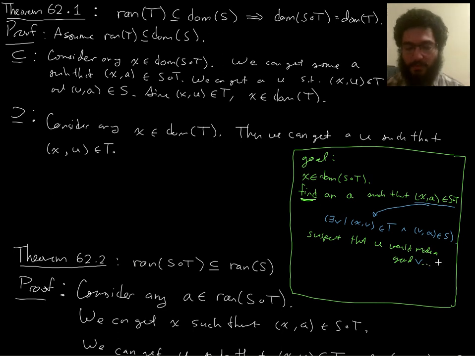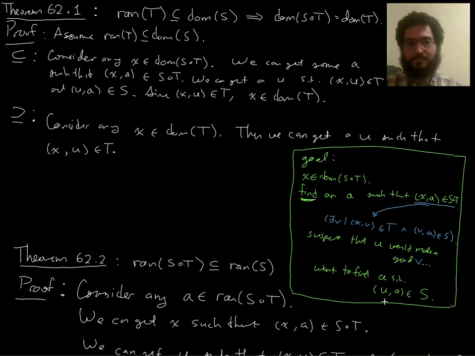So once I start thinking that way, then my goal is to find an A such that, with U playing the role of V, the pair U comma A is in S. So I want to find A such that the pair U comma A is in S.